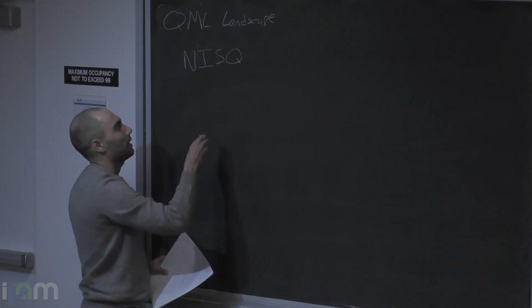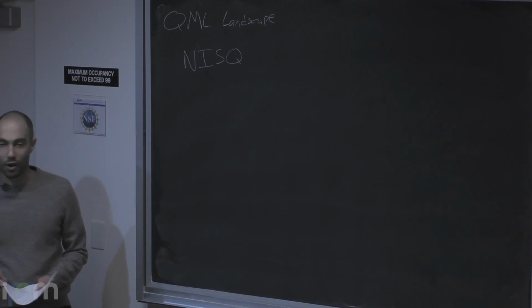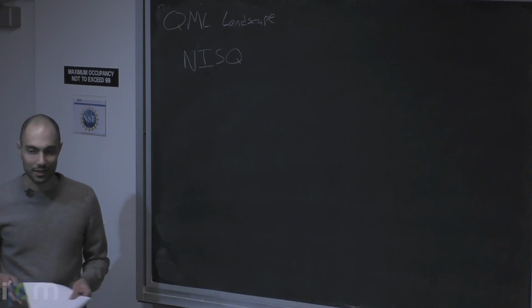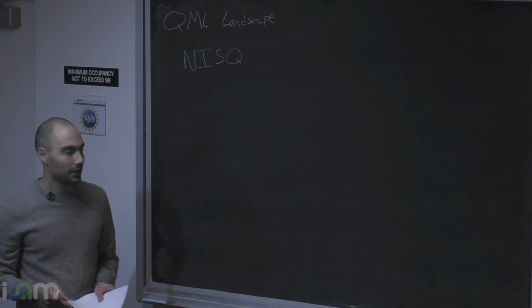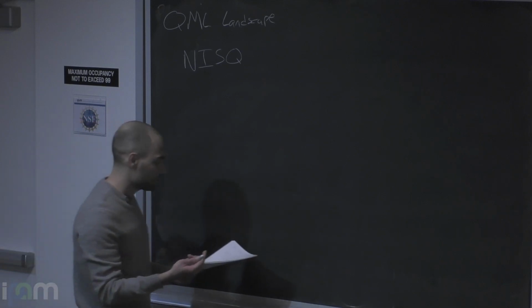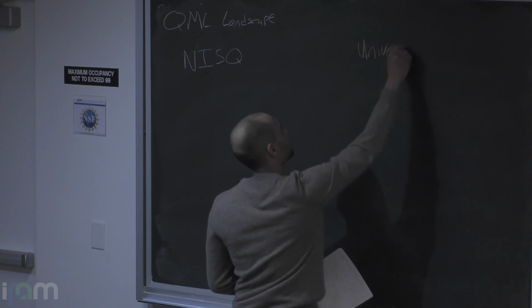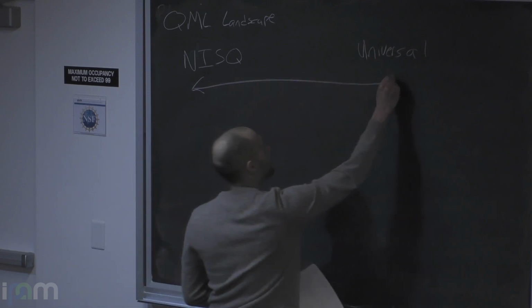If you haven't seen this acronym yet, it means noisy intermediate scale quantum. It's an acronym people use for the quantum computers we'll have in the next 10 years. They'll have errors, they won't be too big, things like that. And then I'll just put universal over here. So this is like some axis that runs this way.